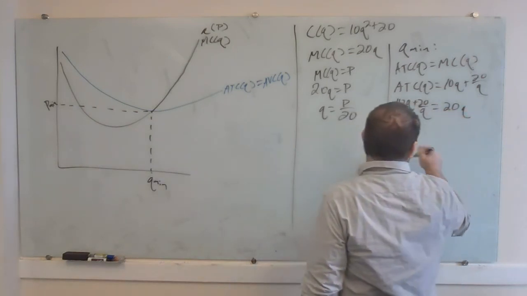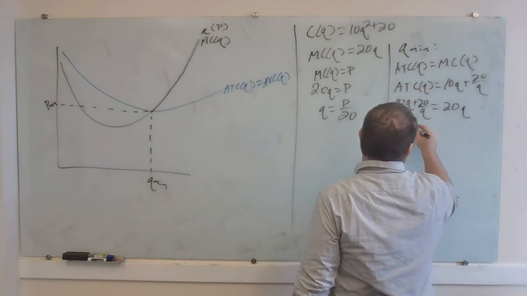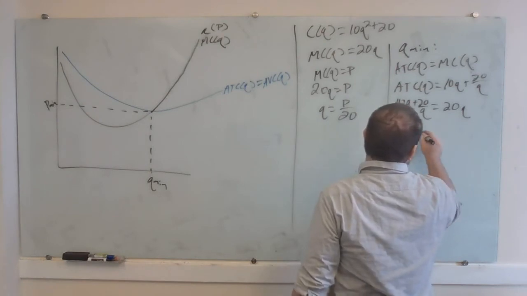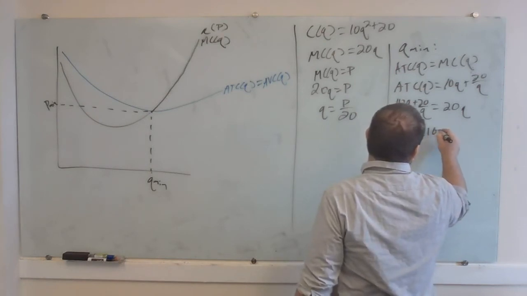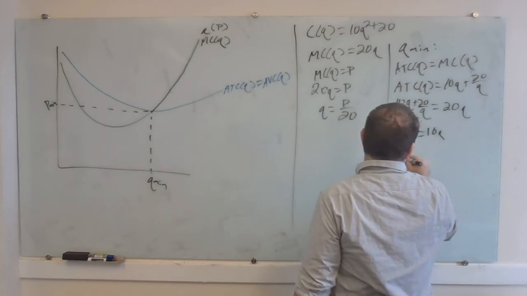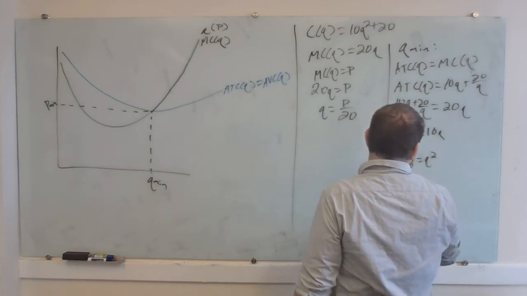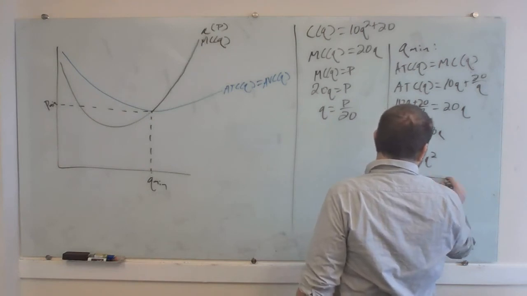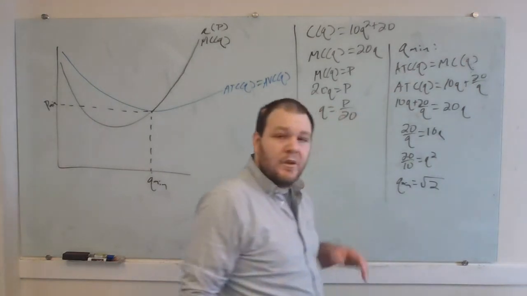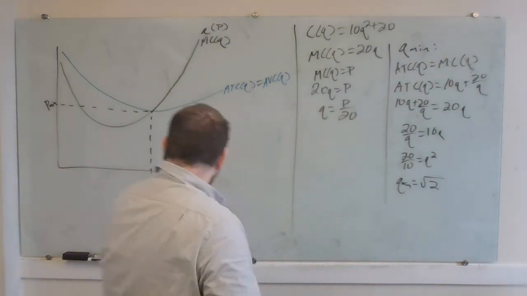I'm going to bring this over. So I'll say 20 over Q has to equal 10Q, right? 20 over 10 equals Q squared. Q min is going to equal the square root of 2. Cool? So this is root 2.